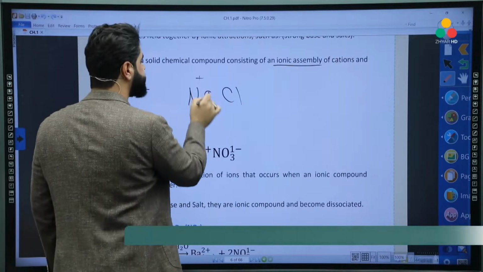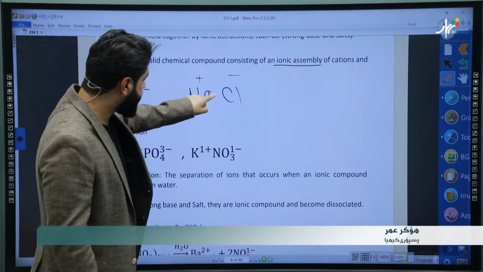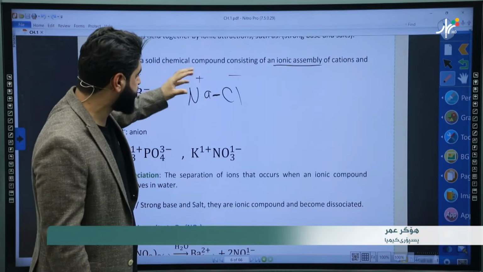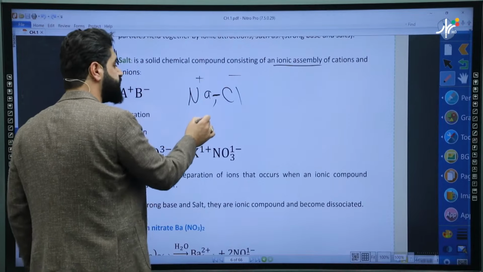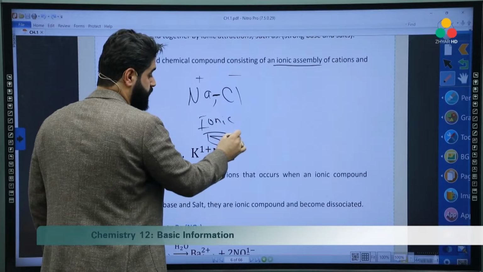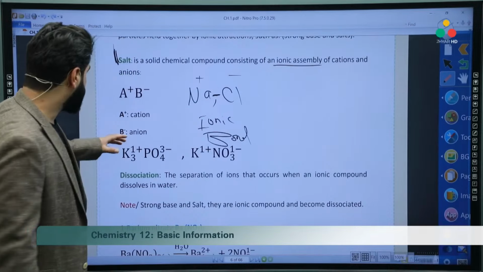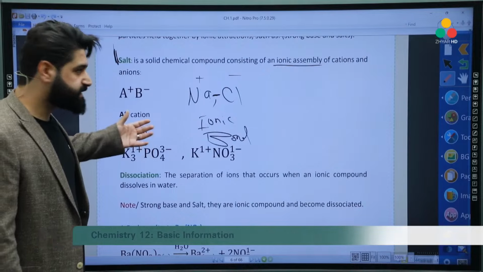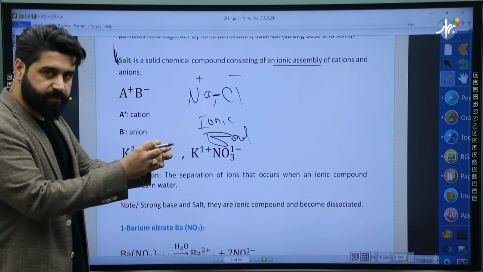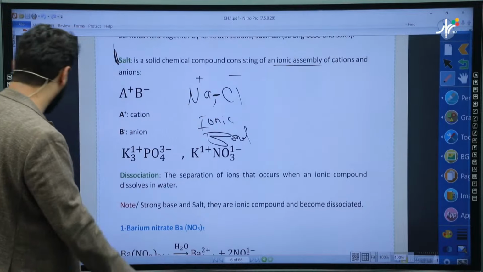It's a cation and it's an anion. So here we have ionic assembly between those ions, cation and anion. This is ionic bond. So salt must contain cation and anion. They are connected to each other through what? Ionic bond. Okay, very good.